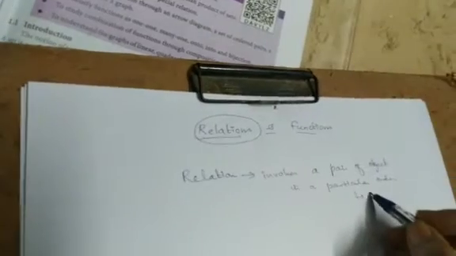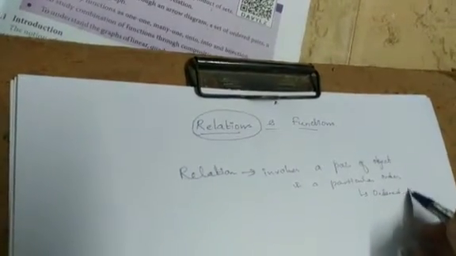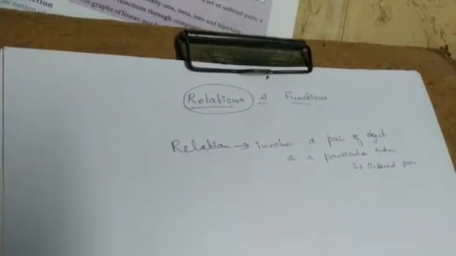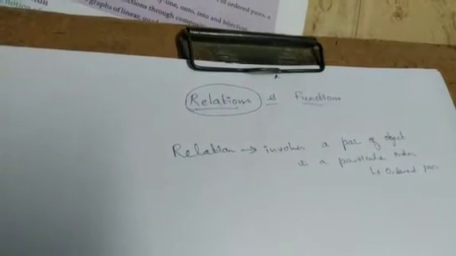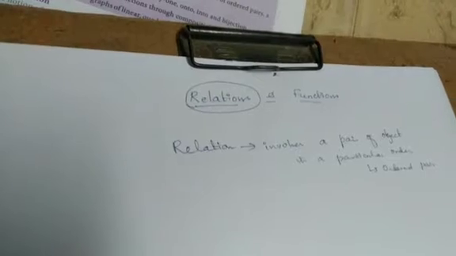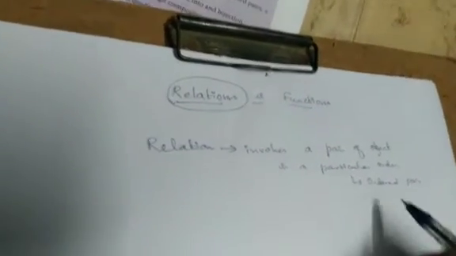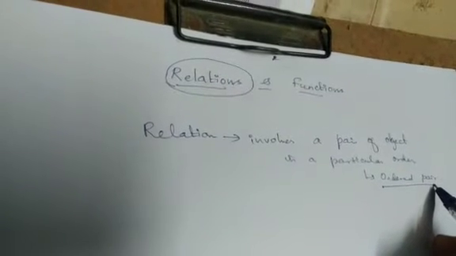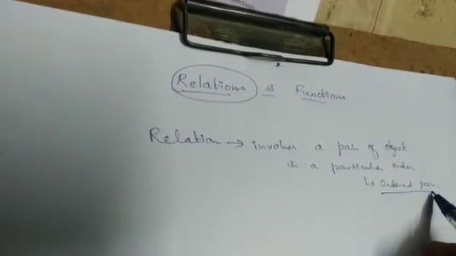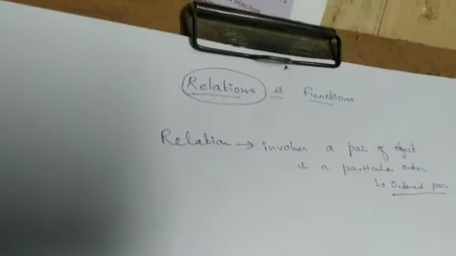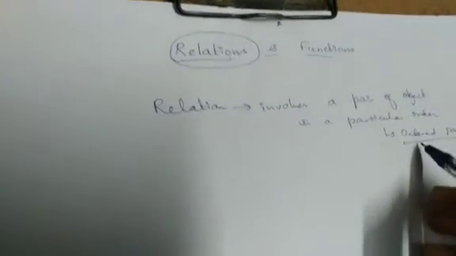An ordered pair is a pair of elements which are used only in a specific way or in a particular order. I will explain this with an example.